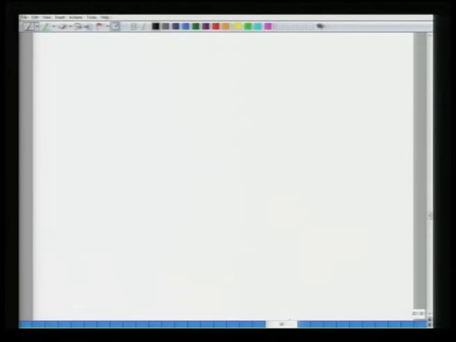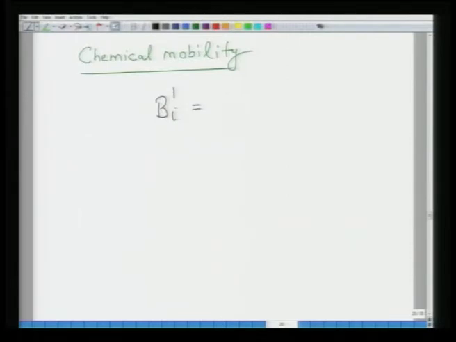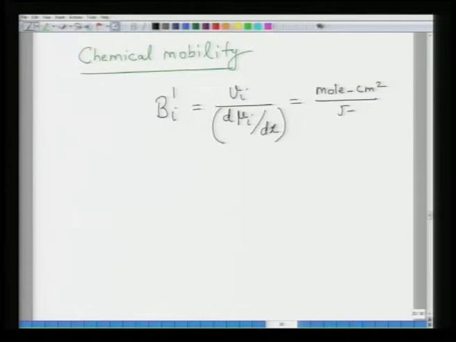You can also define what is called chemical mobility. Chemical mobility is defined as Bi prime, and this is equal to Vi divided by d mu i by dx, and this is in units of mole centimeter square per joule second.